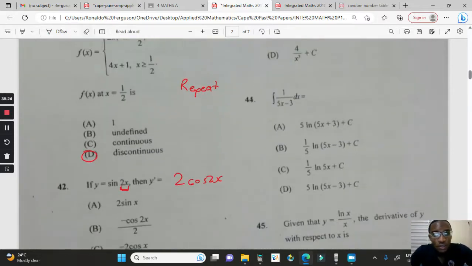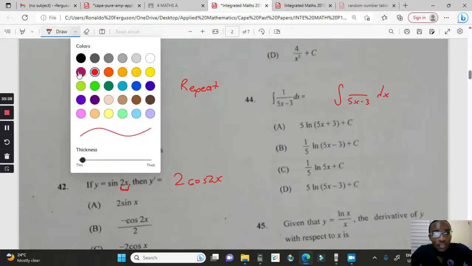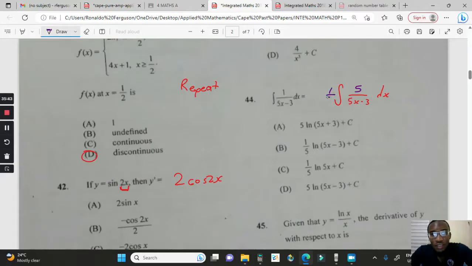Number 44, this right here, we have to rewrite it as the integral of 1 over 5x minus 3 dx, but we're going to put a 5 magically in the numerator. We put a 5 in the numerator and then put 1 over 5 here. Notice 1 over 5 times 5.